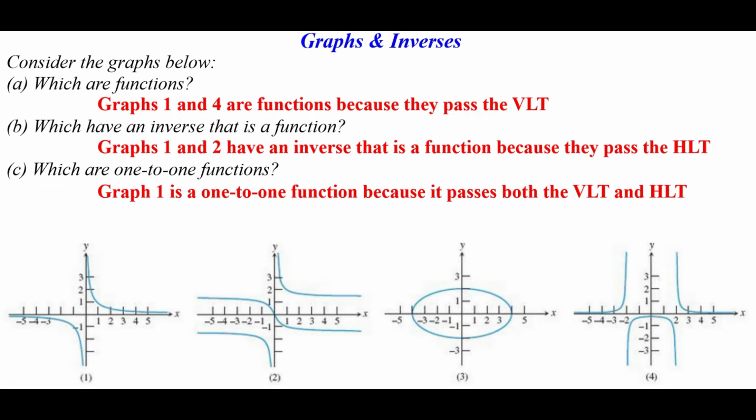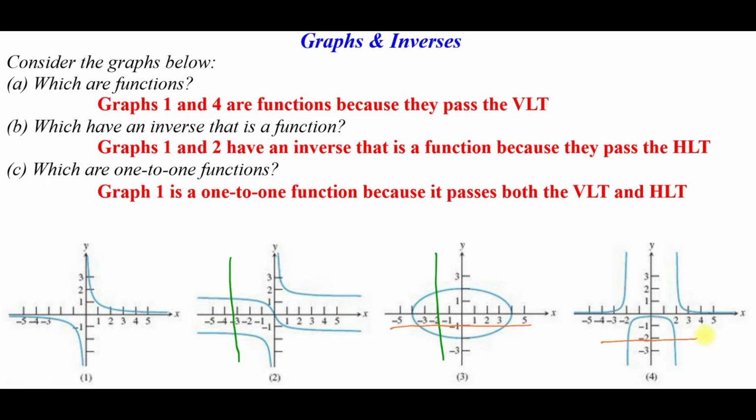So looking at these graphs down here, applying the horizontal and vertical line test, graphs 1 and 4 are functions because they're going to pass a vertical line test. Graphs 2 and 3 are going to fail a vertical line test, so they are not functions. Graphs 1 and 2 are going to pass the horizontal line test, so their inverses are functions. Graphs 3 and 4 are going to fail a horizontal line test, so their inverses are not functions.